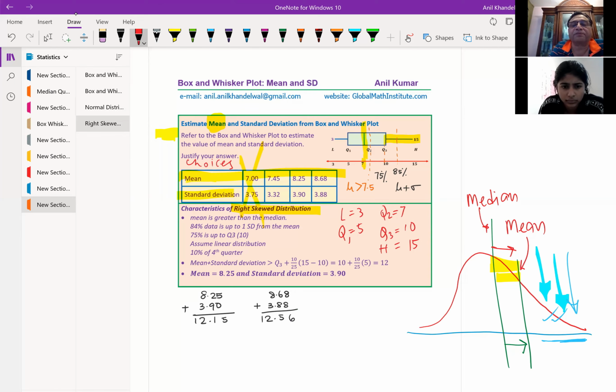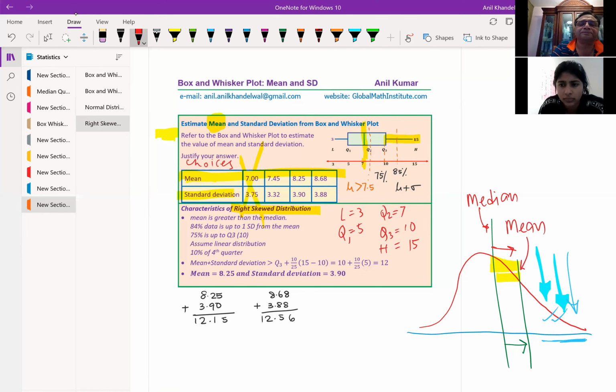Mean could be 7.45 and standard deviation could be 3.32. Mean of 8.25, standard deviation of 3.90, mean of 8.68, and standard deviation of 3.88. So we are given a combination of mean and standard deviation. We need to figure out which one is the correct answer. That is our multiple choice question.